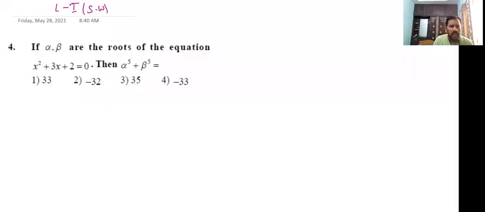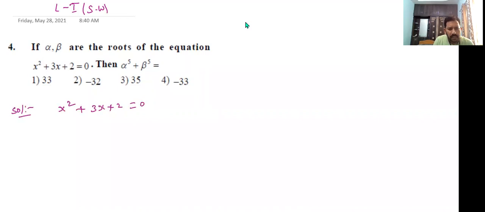Fourth question. Alpha, beta are the roots of the equation x square plus 3x plus 2 is equal to 0. Then find alpha power 5 plus beta power 5.